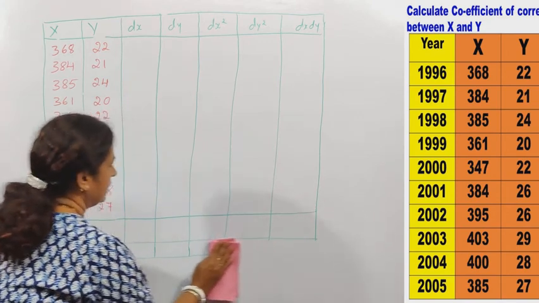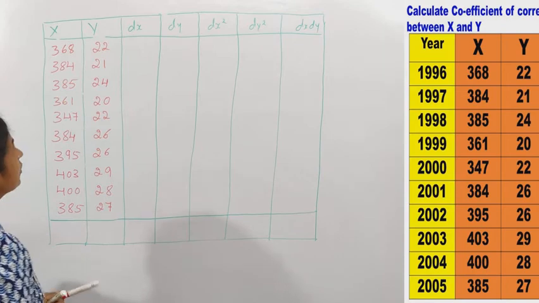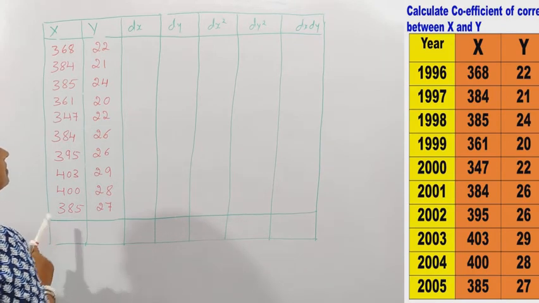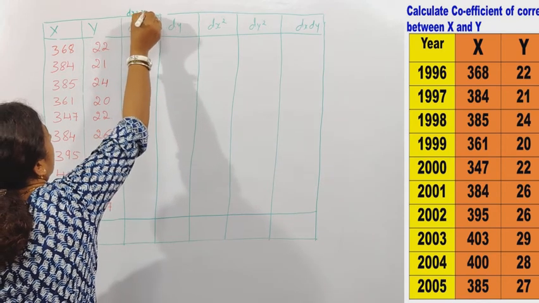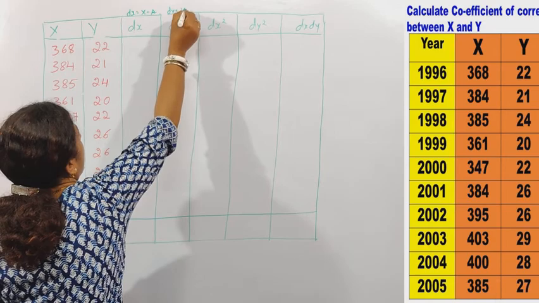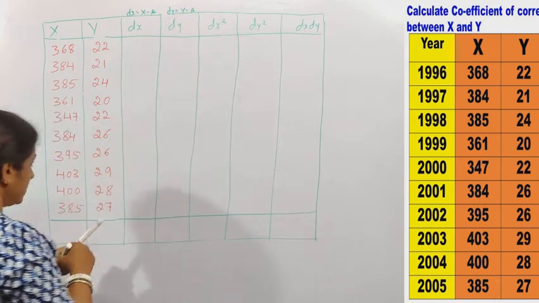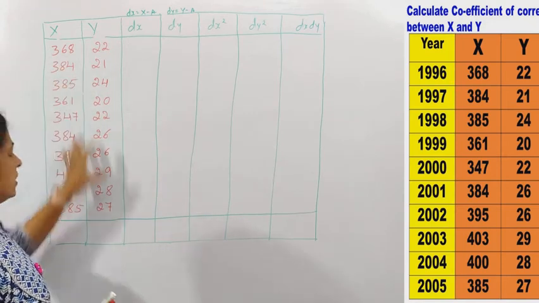So with the help of this, let us calculate dx and dy. How to calculate dx and dy? dx is equal to x minus a. dy is equal to y minus a. First we have to select the assumed mean values in these two series.